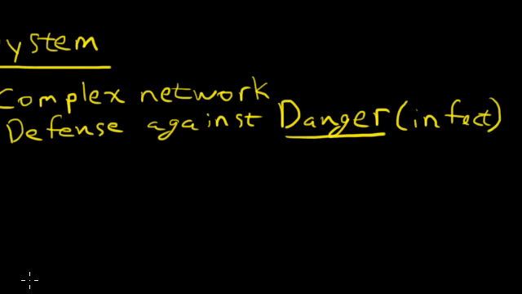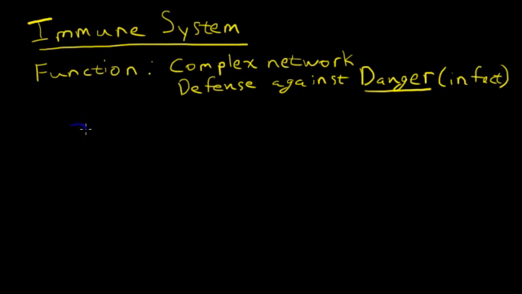So, the first issue to grapple with is that the immune system is a complex network. What does that mean? Well, it means that there are a number of components, and I'll list these in pictorial form, and some of them are cells, and some of them are proteins. This is a protein. These are not necessarily drawn to scale.